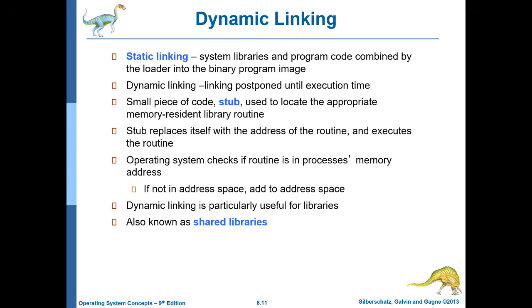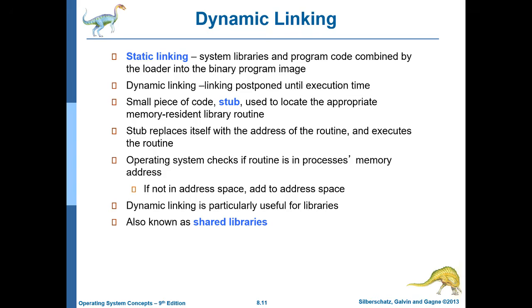Now when you run the program, initially the stub is there inside the main memory, but once there is a need to execute the system libraries, the stub will replace itself with the address of the routine in the system library. A routine is actually a small part of a program.